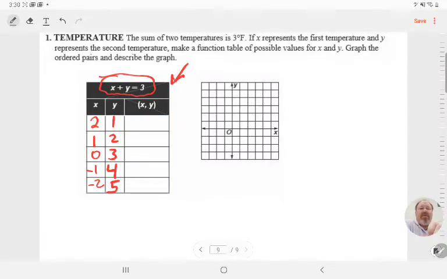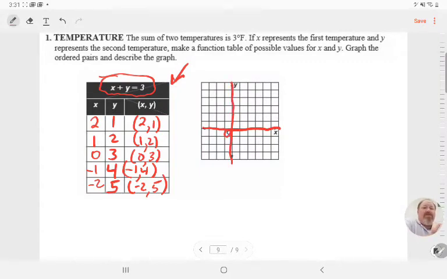Okay? Then I could write my ordered pairs. That's 2, 1; 1, 2; 0, 3; negative 1, 4; and negative 2, 5. Okay? So my table's done. Part 1's done. So now I have to graph it. Again, this is my x, this is my y, and this is my origin.